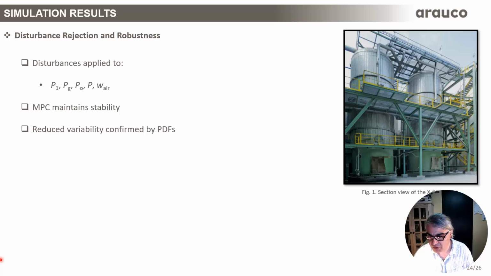In summary, the simulation results demonstrate that MPC significantly outperforms PI control in terms of speed, stability, noise suppression, and actuator protection, making it a highly suitable control strategy for complex filtration processes such as the X-filter.